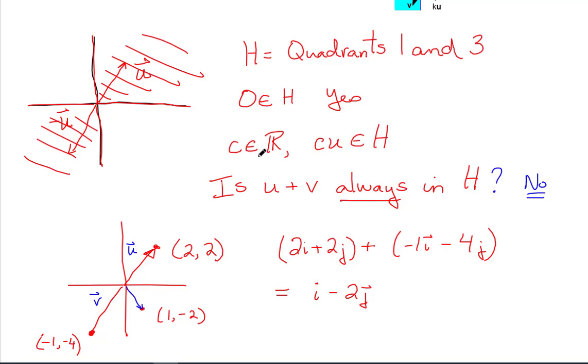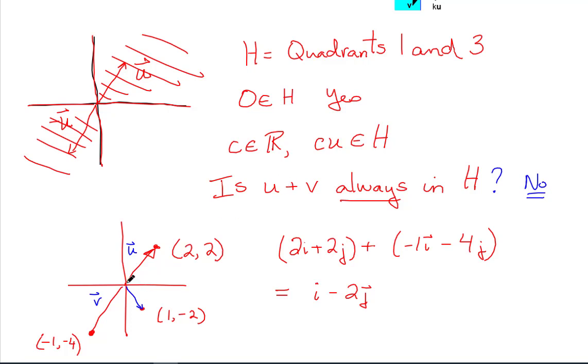If I do any kind of scalar multiplication, positive or negative, that's still going to be in there. And the question is, what about closure under the addition operation? Is it always true, not just if I take 2 in each side, but no matter the combination?